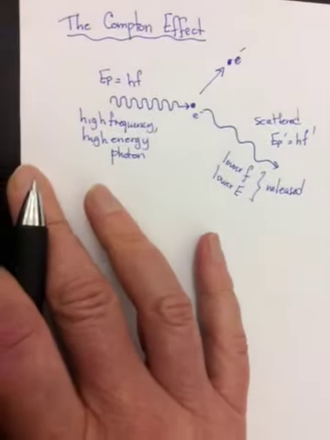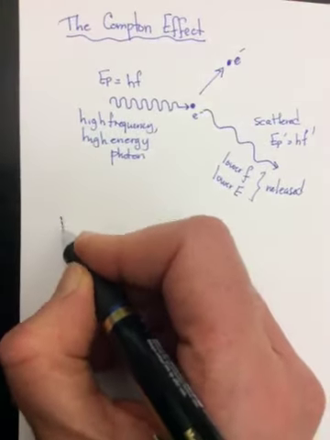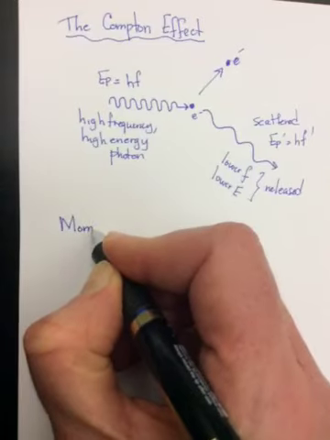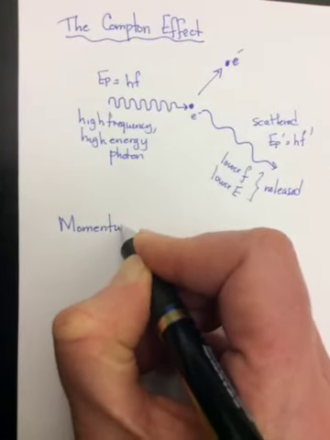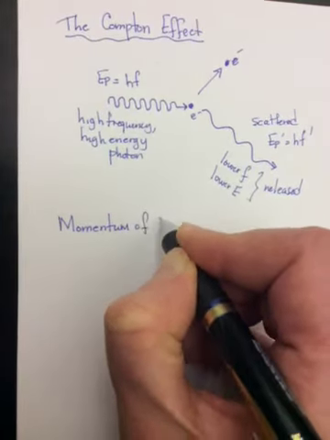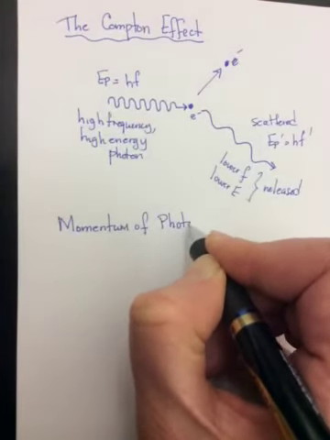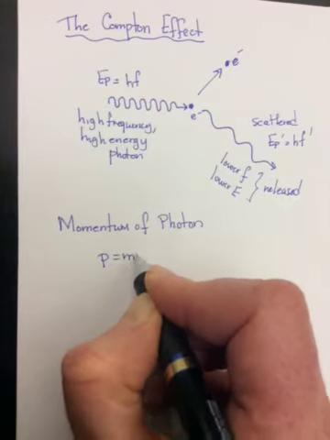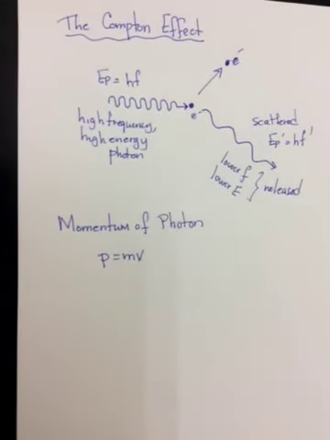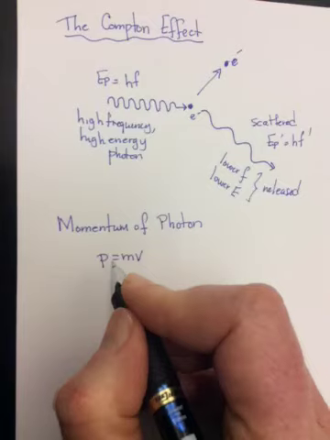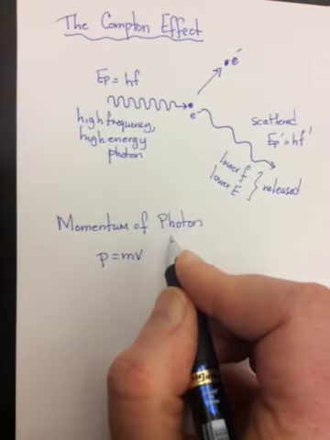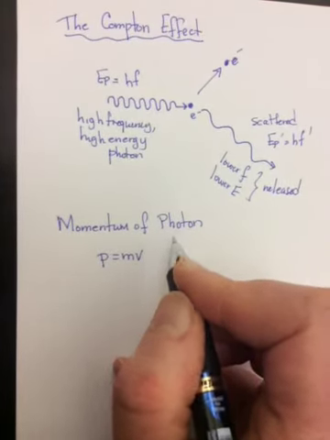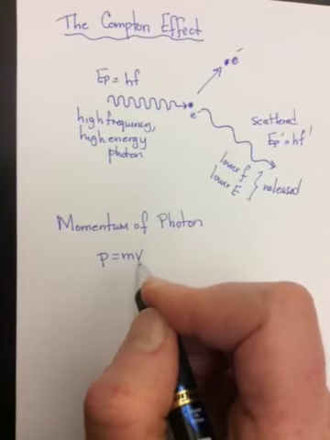But what should be causing you an issue is that photons then must have momentum. And we know from grade 11 physics that momentum is equal to mass times velocity. The problem is that photons don't have mass. Anything that's traveling at the speed of light cannot have a mass.